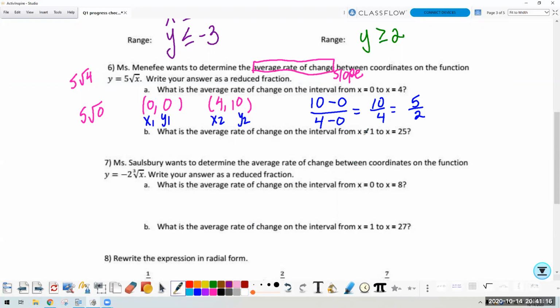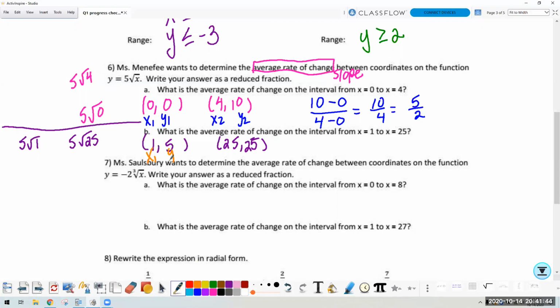All right, so let's try from 1 to 25. So it's 1 comma something, 25 comma something. When I substitute 1 into my equation, that's 5 times 1. When I substitute in 25, that's 5 times 5, which is 25.